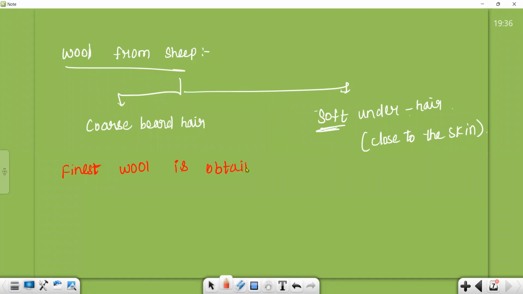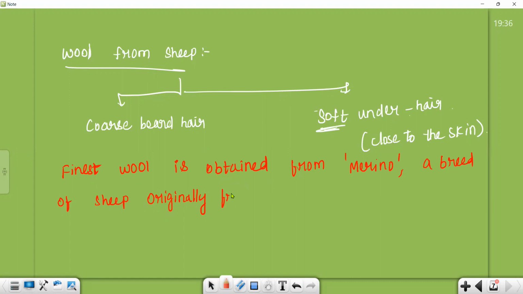Merino is one of the breeds of sheep, originally from Spain, and from it you can get the finest wool.